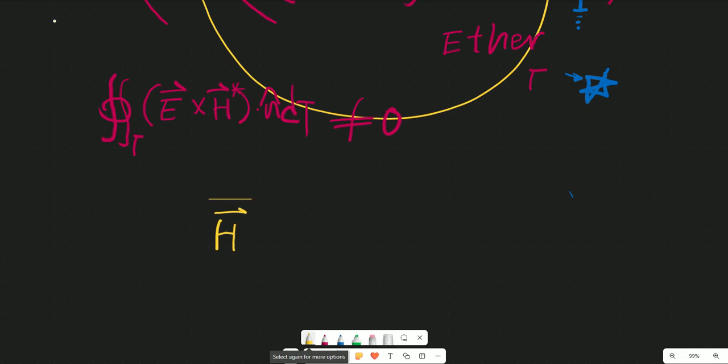The average magnetic field is not equal to the magnetic field. This caused the problem. And in Maxwell equation, the H actually is average.